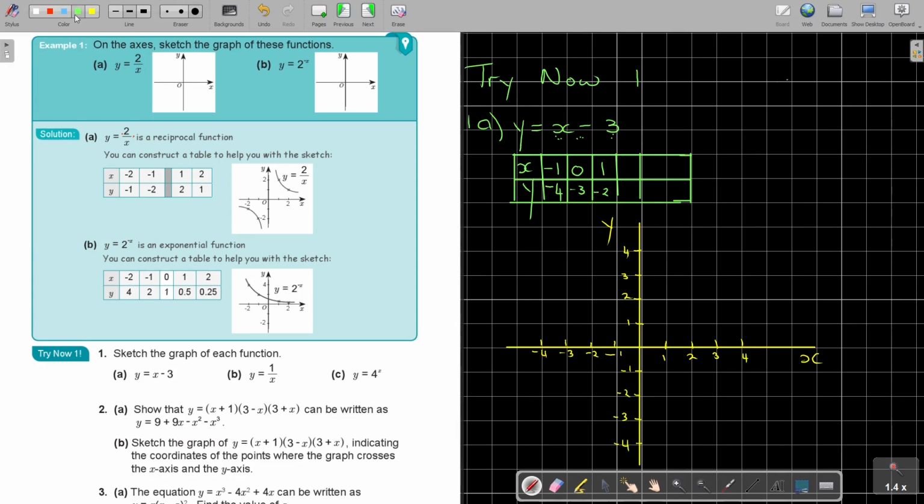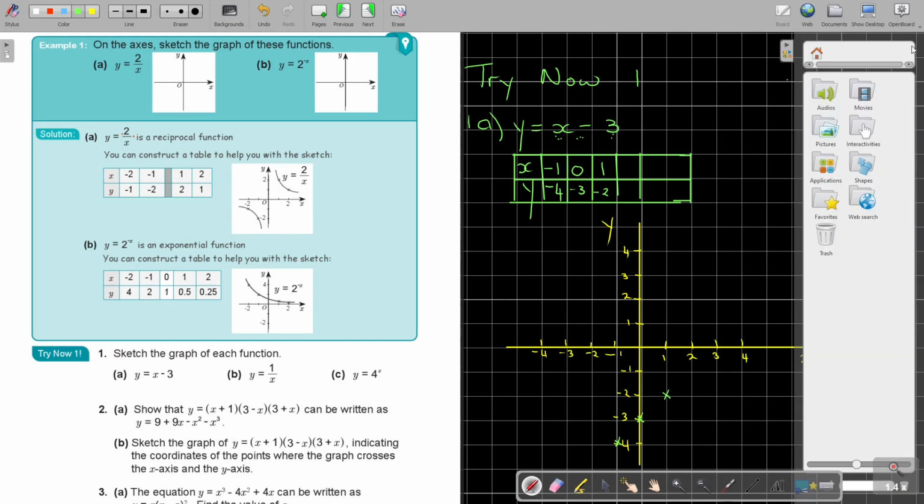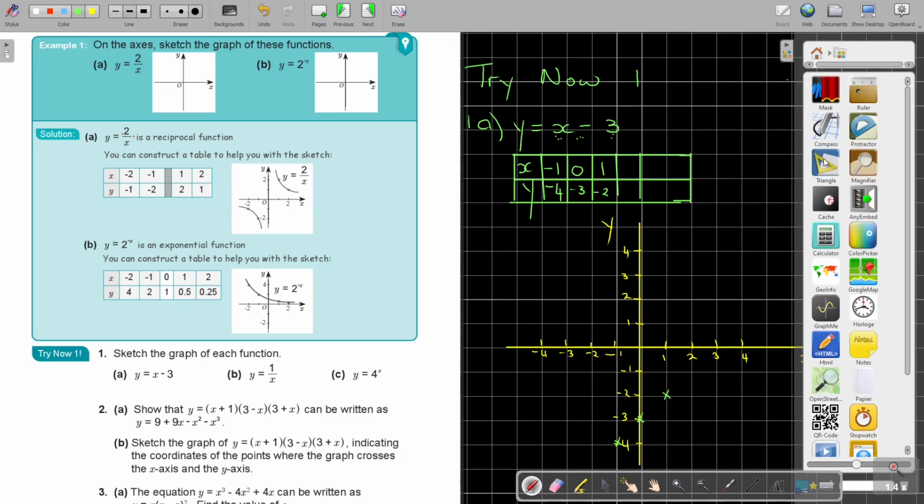Okay, so if I plot, it's -1 and -4, I plot there. And then 0 and -3, I plot there. And then 1 and -2, and I plot there. And then take your ruler. There's my ruler.